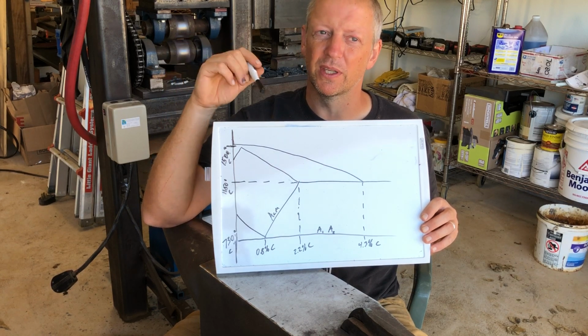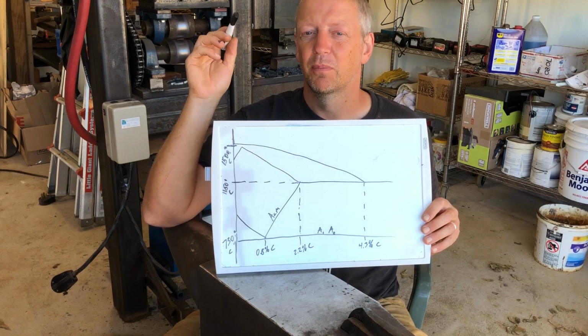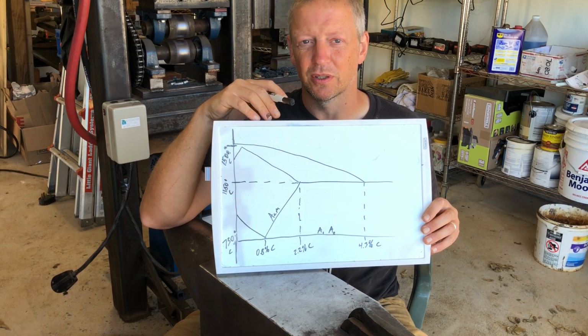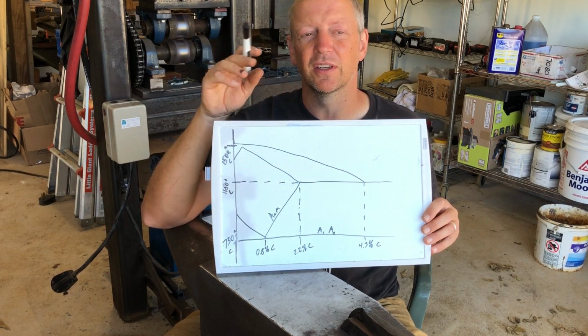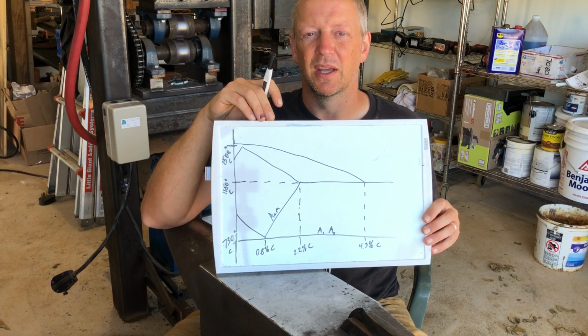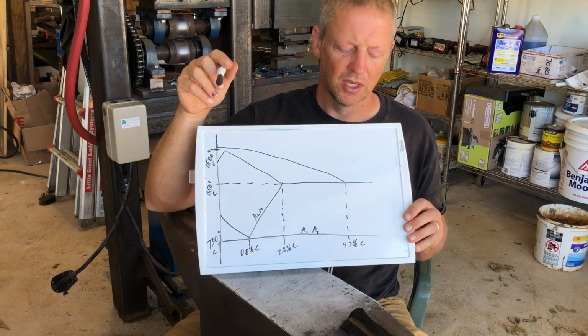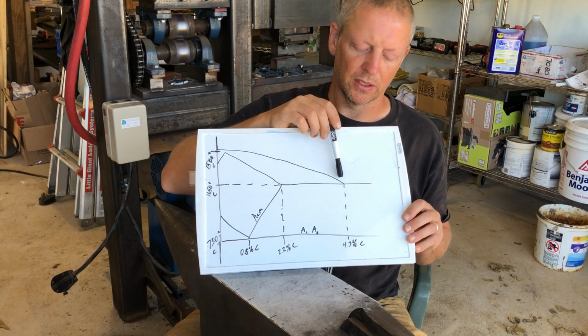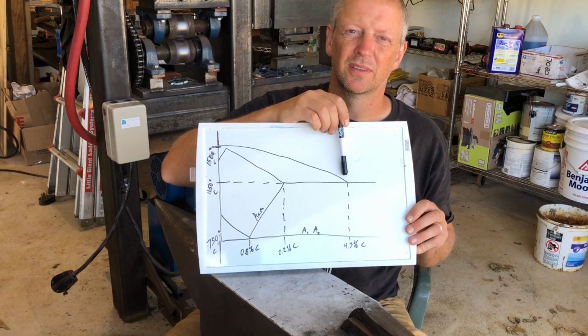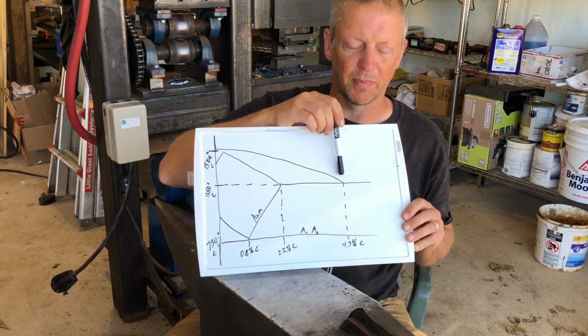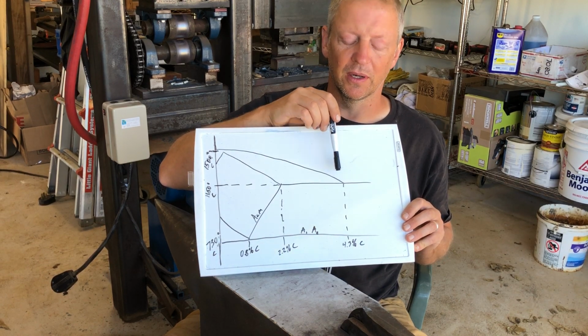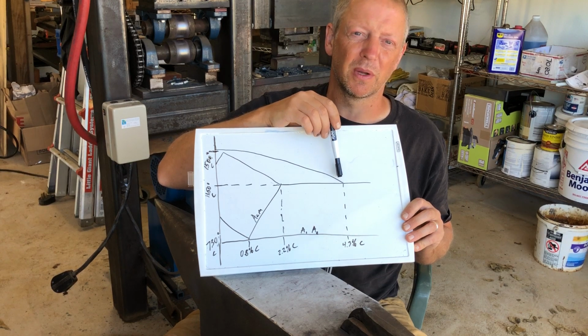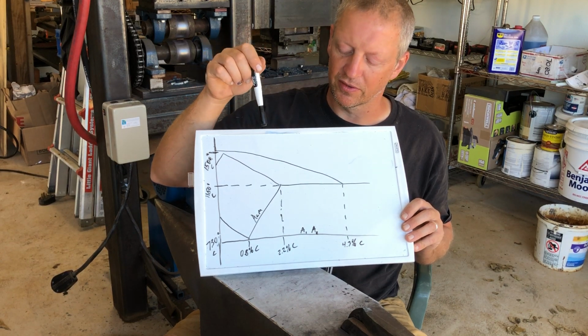The eutectic point is the lowest possible melting temperature for a given combination of materials. So the eutectic point of iron and carbon is over here at about 4.3% carbon. That is the lowest melting temperature for this combination.